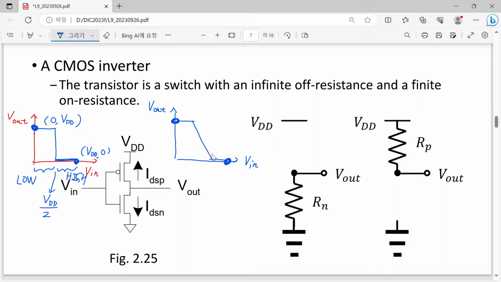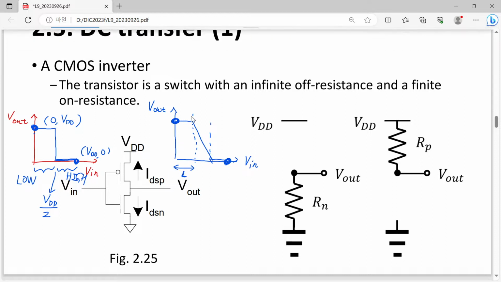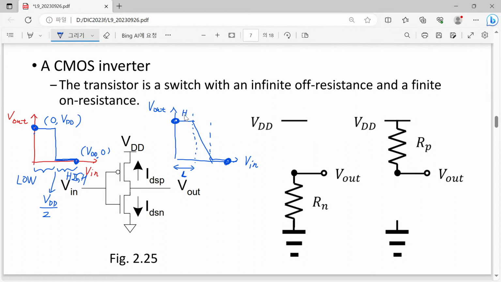Well, if we have this piecewise voltage transfer curve, then what will happen? Up to this voltage, the logical low value is mapped onto the logical high value.